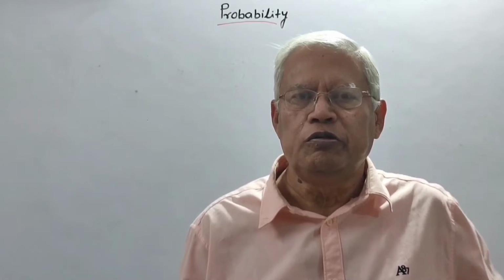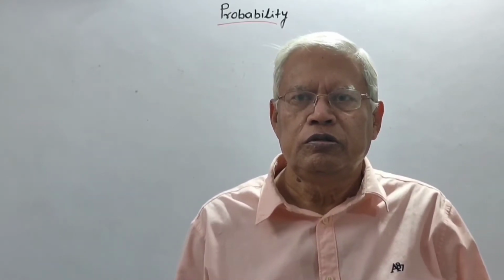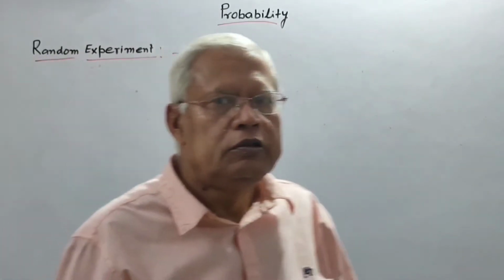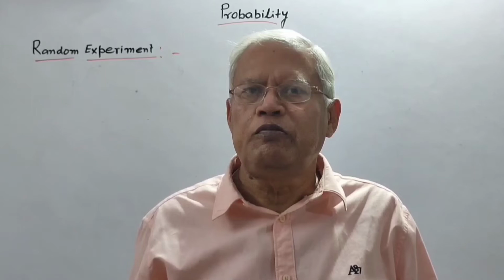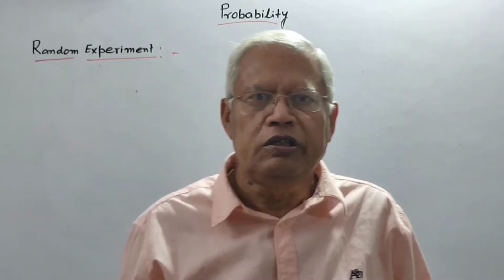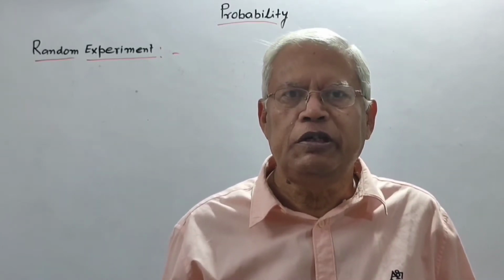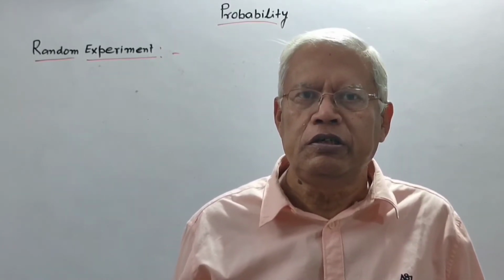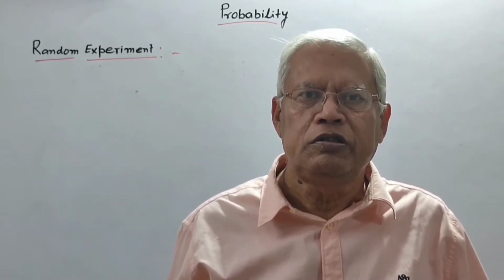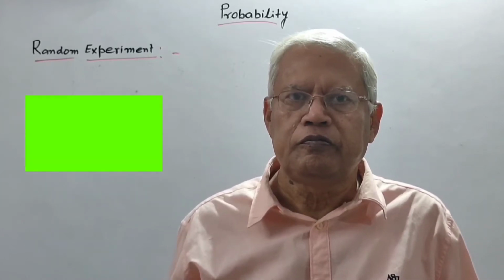Today in this video we are going to discuss probability, random experiment. You might have performed so many experiments in science and you have seen that if an experiment is repeated again and again under identical conditions, it gives us the same result every time.